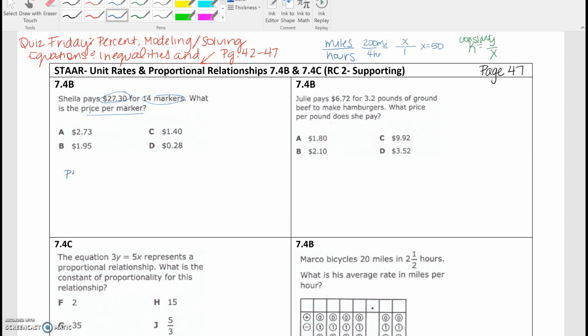So I'm going to write my word ratio, price and markers. Okay, and then I'm going to set up my proportion. Now, as long as you use your word ratio and you're consistent, it does not matter which one's on top or the bottom. Okay, so if it says 27.30, that's a price, so that's going to go on top.